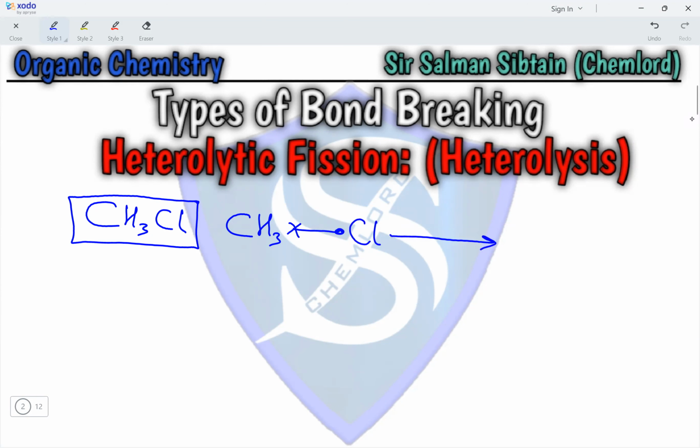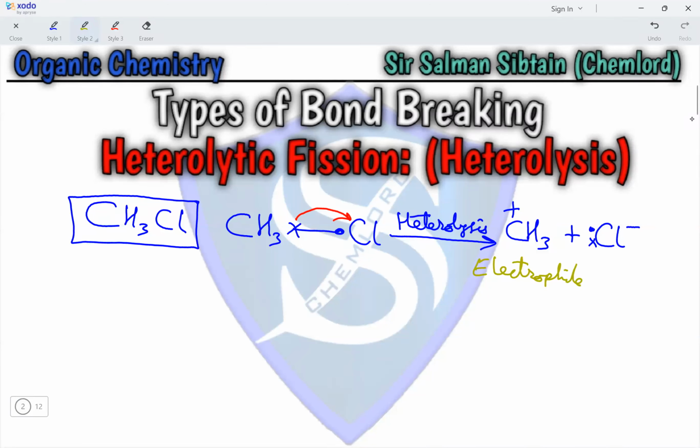When this undergoes heterolysis, the bond breaks in such a way that CH3 loses its bonding electron, or rather, carbon loses its bonding electron and becomes positively charged, and the Cl gains the bonding electron and becomes negatively charged. So the CH3 positive becomes the electrophile, and Cl negative becomes the nucleophile.